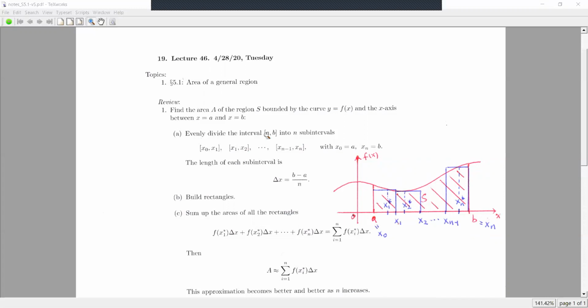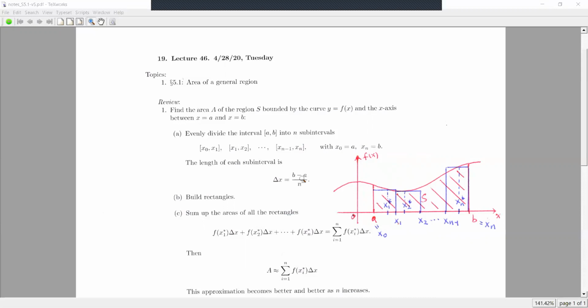Because I cut the interval AB evenly, each subinterval has the same length, usually denoted by delta x. Delta x is computable.